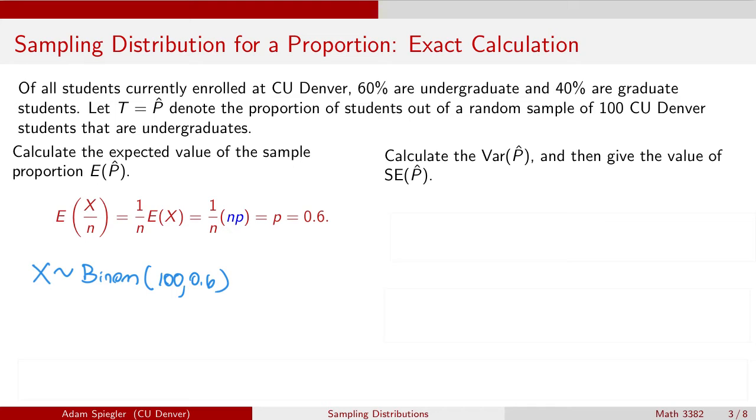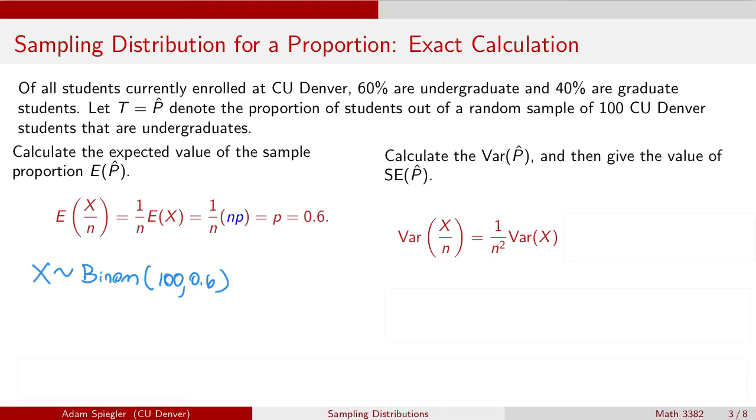So let's do a similar process to calculate the variance of the distribution of sample proportions. I'm going to calculate the variance of this random variable X, which is given by this binomial distribution, divided by n. With variance, we have a similar property that we can pull out constant multiples, but when they get pulled out, remember, they get pulled out by a factor of squaring it.